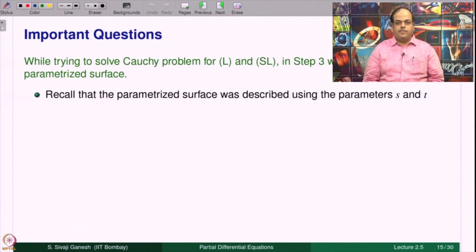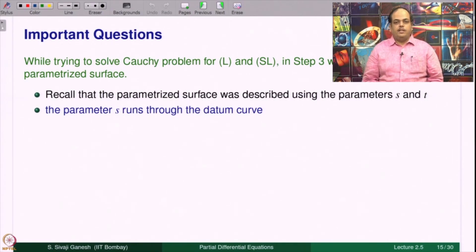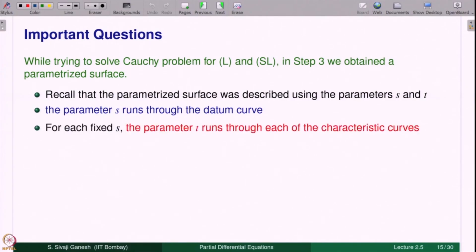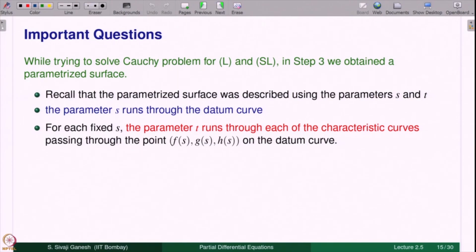Recall that the parameterized surface was described using the parameters s and t. The parameter s is indexed by the datum curve, and for each fixed s, as t varies, the point will vary on the characteristic curve that is passing through the point f(s), g(s), h(s).